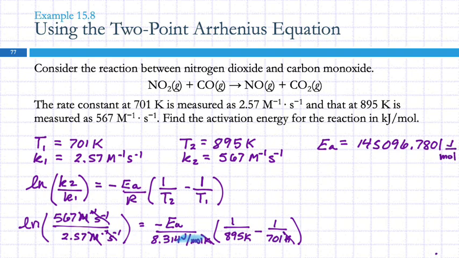But that's not what they asked us for. They wanted kilojoules per mole, right? So kilojoules, we need to divide by 1,000. So we're going to end up with 145. And let's just stick with that, kilojoules per mole.